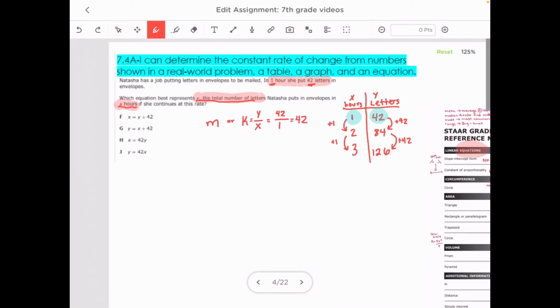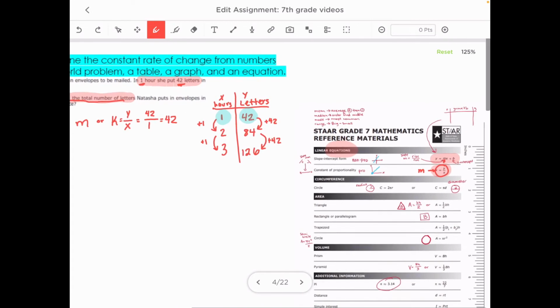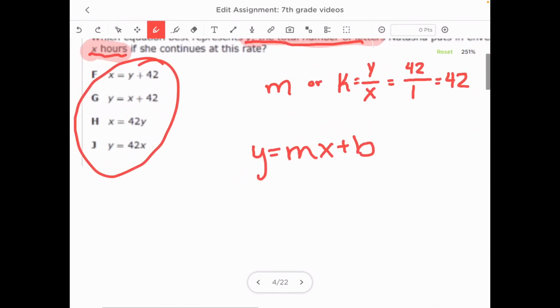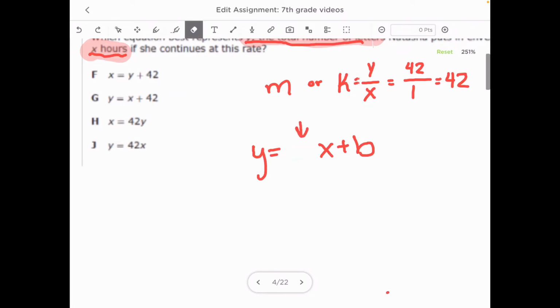The equation that I see over here resembles this equation right over here, so I'm going to rewrite that equation: y equals mx plus b. Now 42, I'm going to plug it in right here for this m, so I'm going to erase that and plug in the number 42.